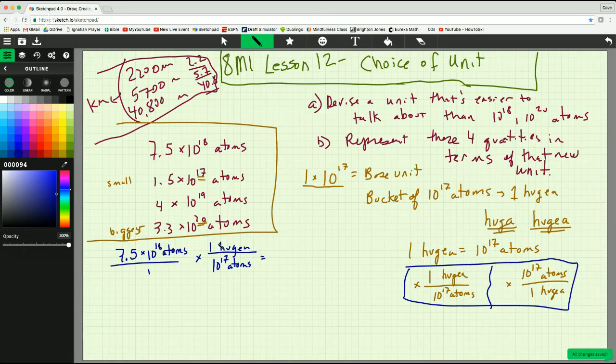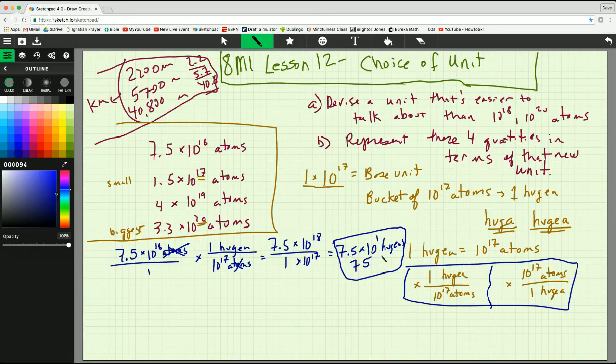Equals. Okay, we cancel our atoms, and our answer is going to be in hujas. We end up with 7.5 times 10 to the 18th over 1 times 10 to the 17th, and that is just equal to 7.5 times 10 to the 1st hujas, which is also 75.